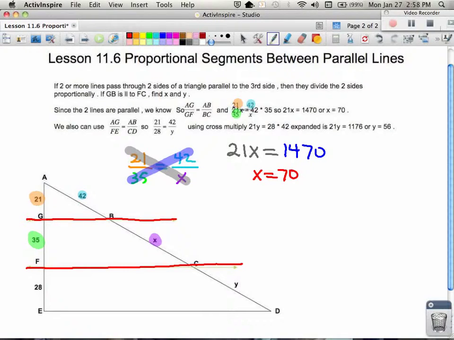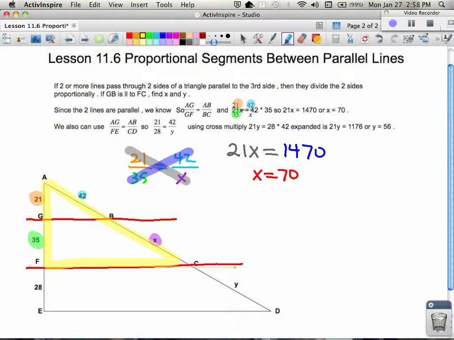So this is the way that you would find the x. We actually learned that in the last slide because we were talking about this triangle right here, which was one triangle that had a parallel line cut through it. But we can also find the y value as well, because we can use the same idea with other pieces that are chopped up.